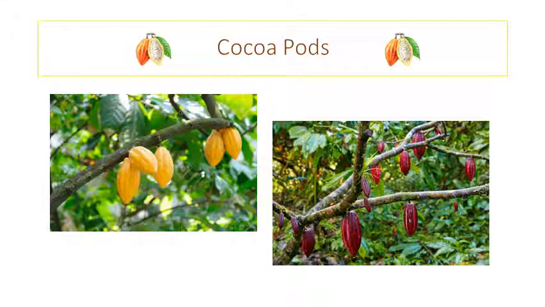A tree can bear up to 70 pods a year. The pods look like elongated melons. They ripen in about 6 months, changing their color from green to bright yellow and sometimes purple.